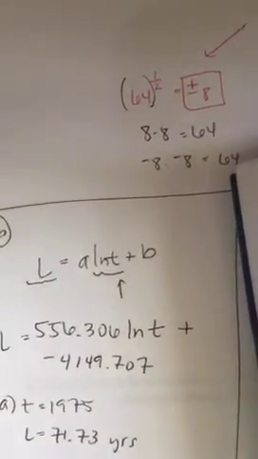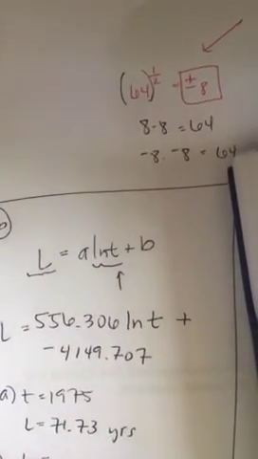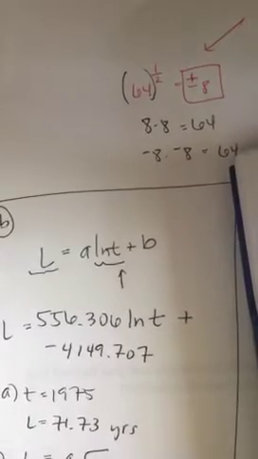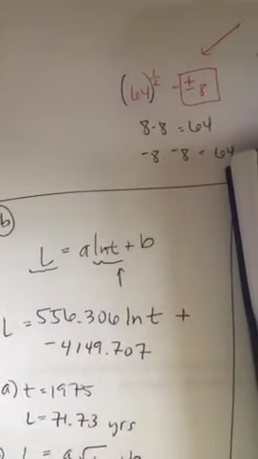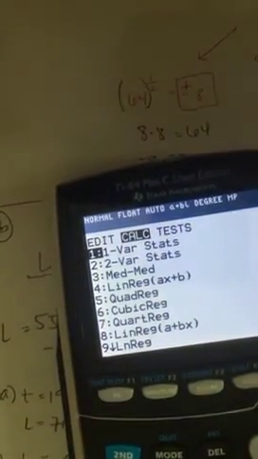Okay, part B is find a square root equation. So I want L equals A square root of T plus B. So Stat, Calc. So now we're looking at our options.